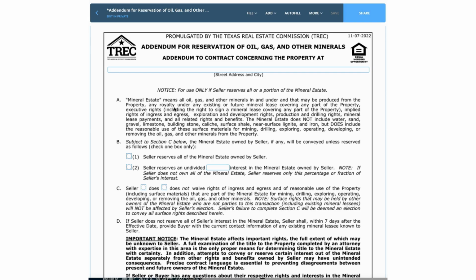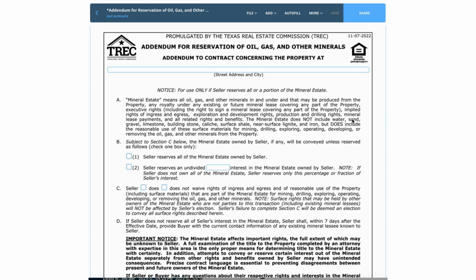A, mineral rights, meaning oil, gas, and other minerals in and under, and that may be produced from the property, and royalties under any existing or future mineral leases. Exclusive rights, including the right to sign mineral leases, convey any part of the property. Implied rights of ingress, egress, exploration, and development rights.